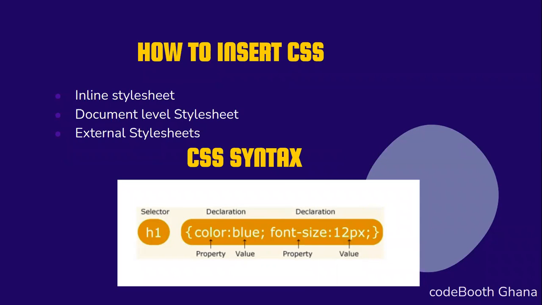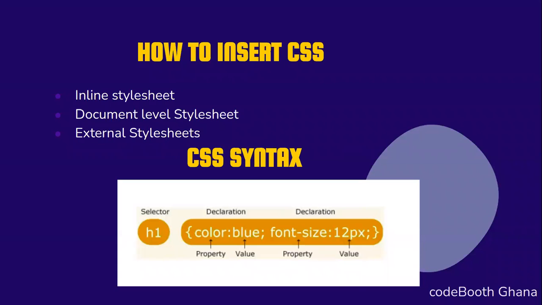It has two main parts. The first part is called the selector. You have to select the element or the class or the ID or the division, whatever way. We are going to look at the IDs, the class, and the rest together. So the main part is the selector. Then the next part is the declaration, that consists of the property and its value.